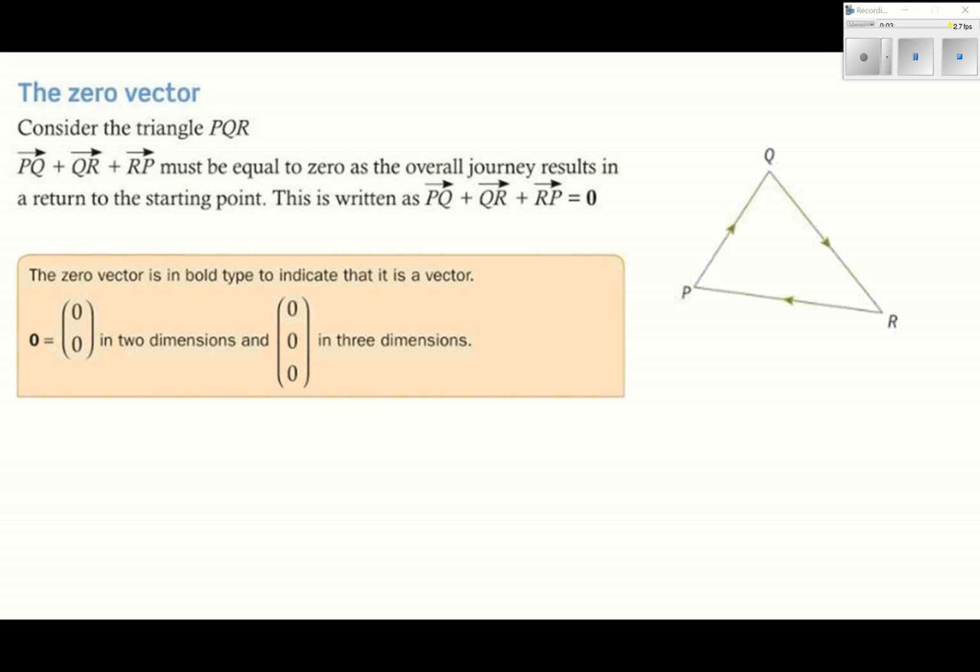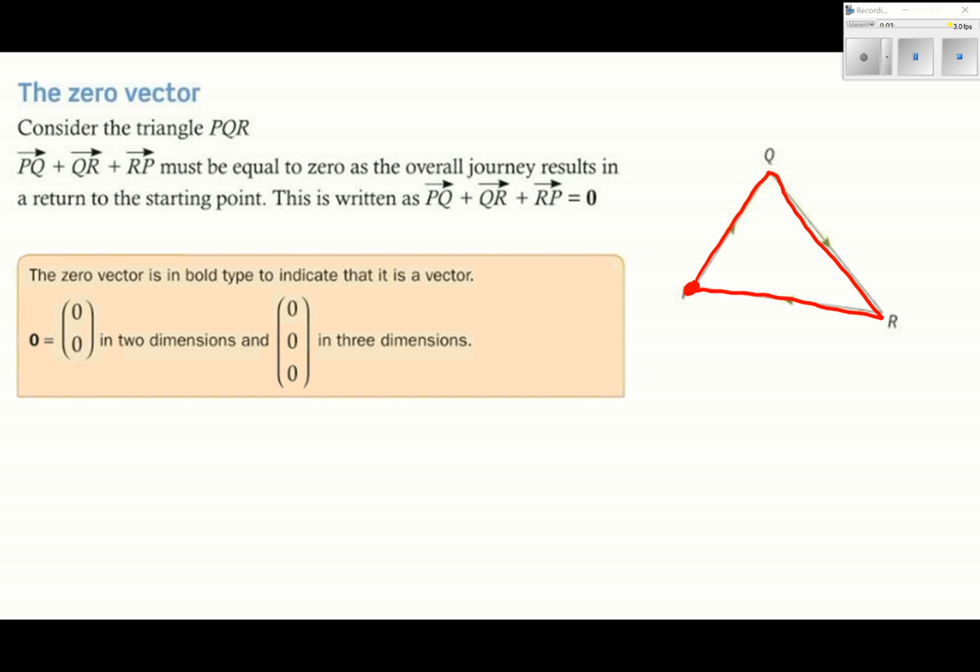The zero vector. Let's consider the triangle PQR here. If I started at P and went P to Q, along this route, and then went Q to R, along this route, and then went R to P, I end up right back where I started.